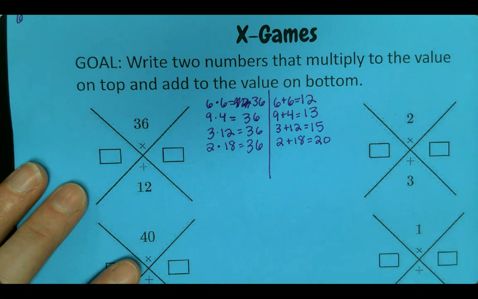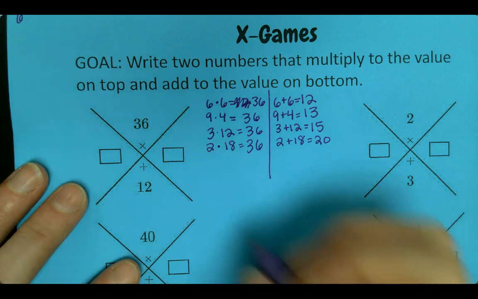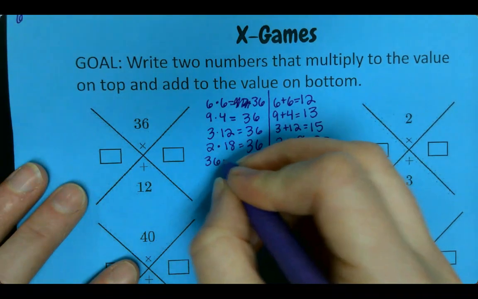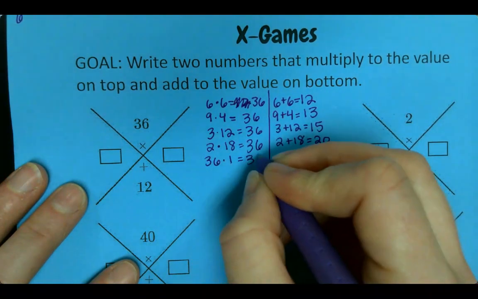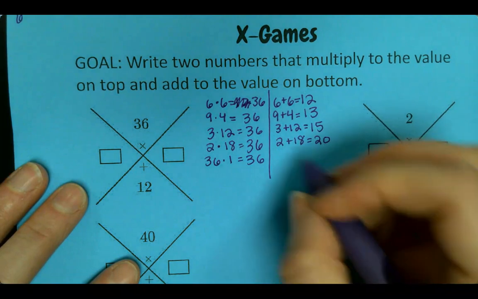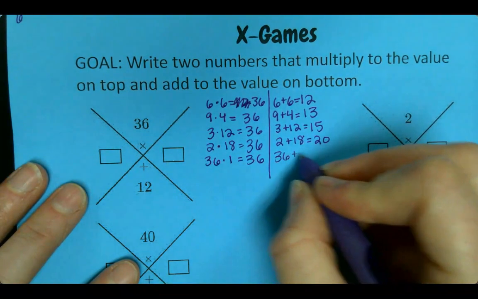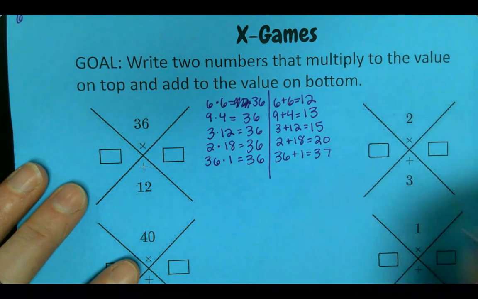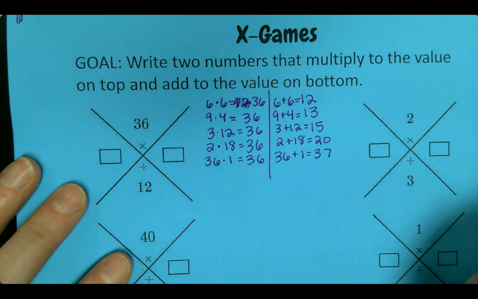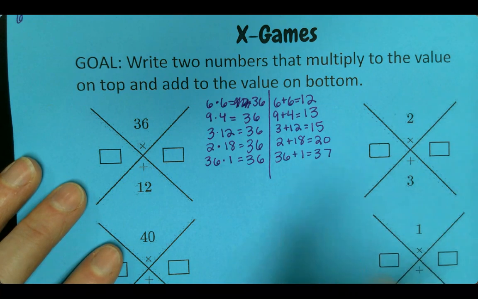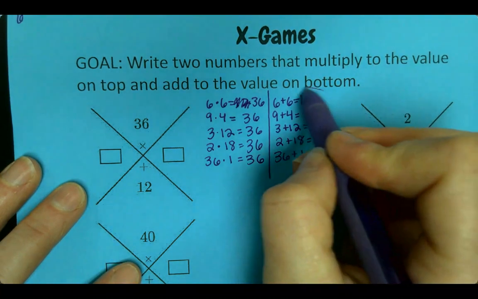What else can we multiply together to get 36? 36 times 1. Yeah. I don't know why, but we always forget that one. And then if you add them, you get 37. But 0 is never a factor because you can't divide a number by 0. Okay. So the one that actually worked was this one.